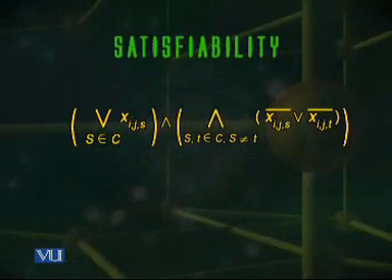Let's look at the first part of this formula. If you see, that's an OR over all s in C of x i, j, comma s. So the first part of the formula is saying that either you have to set x i, j, s1 equals true, or s2 equals true, or so on. Out of all these s's, one of these variables must be true in order to make the first part of this formula true.